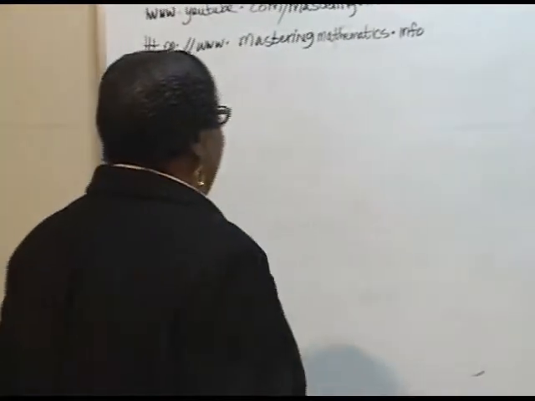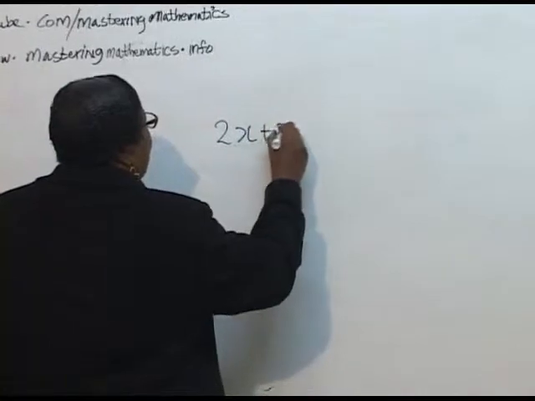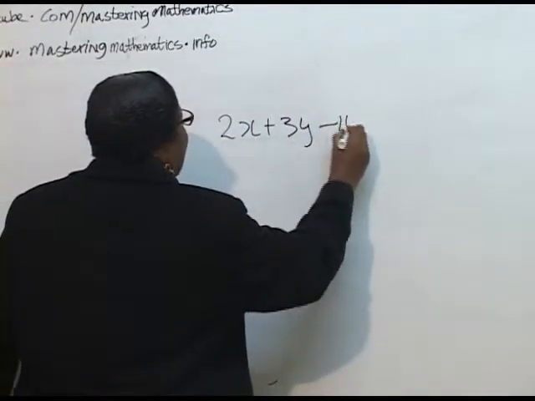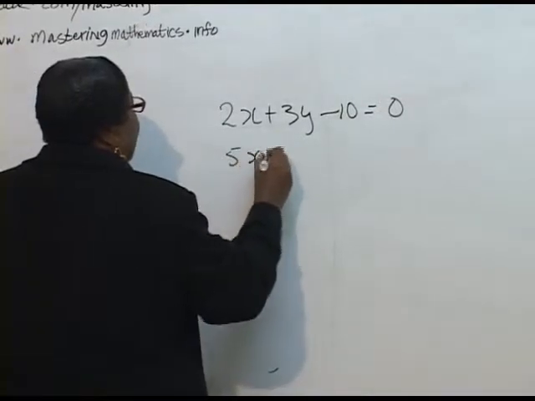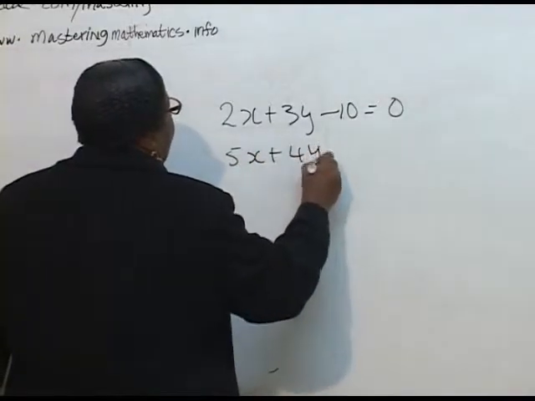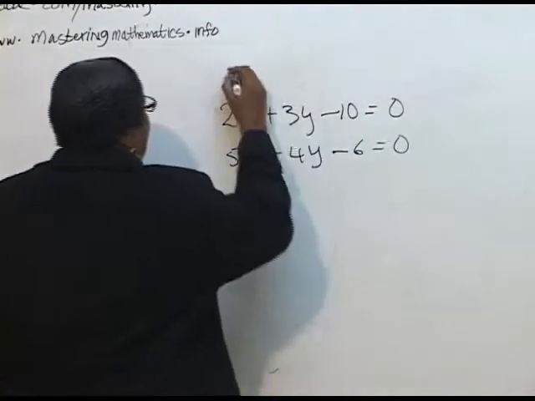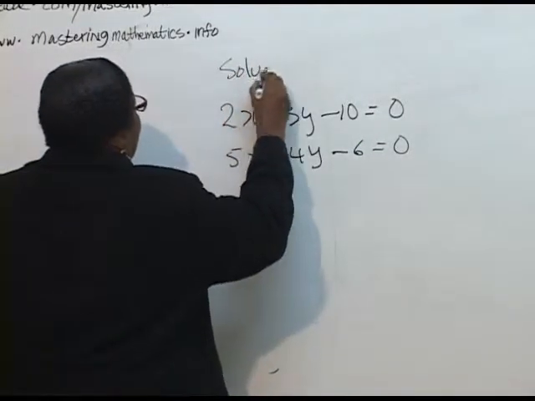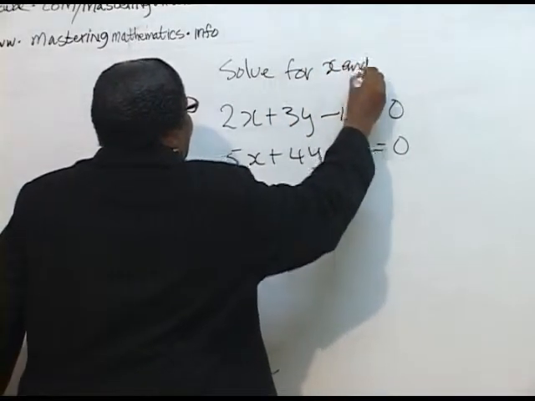So for example, if I gave you an equation 2x plus 3y minus 10 is equal to 0 and 5x plus 4y minus 6 is equal to 0, and it says solve for x and y.